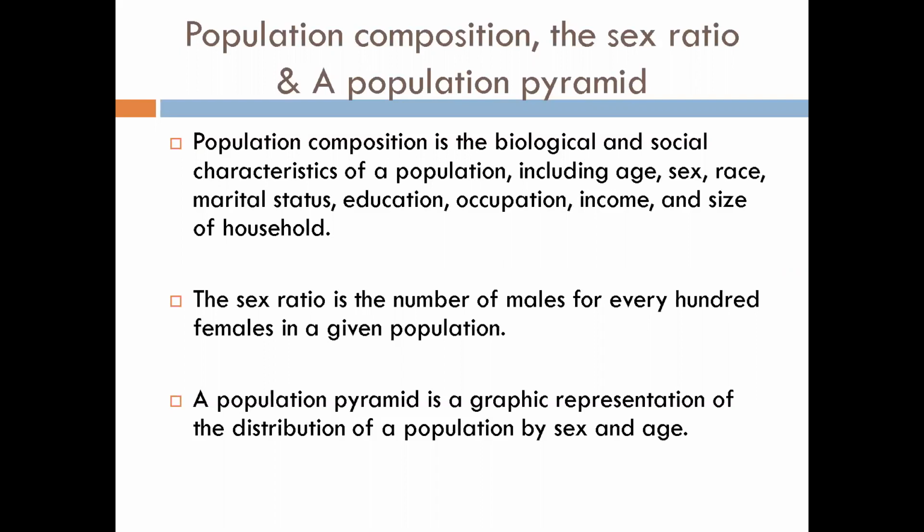Because of that, it is a pre-assumption that when you want to give a sex ratio, the major part is females and the minor part, the smaller amount, is for men, for males. So sex ratio is the number of males for every 100 females in a given population.